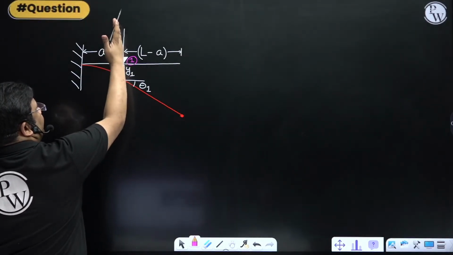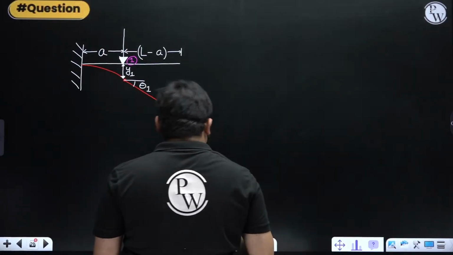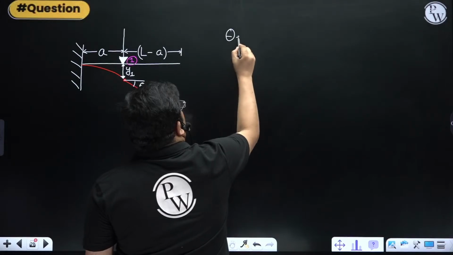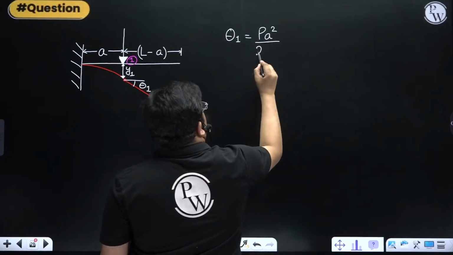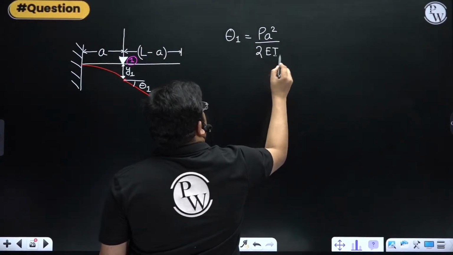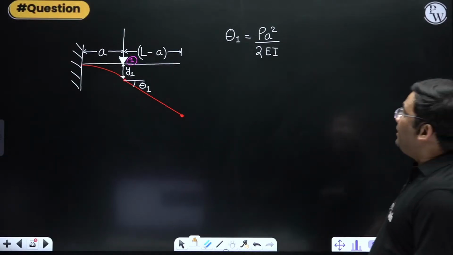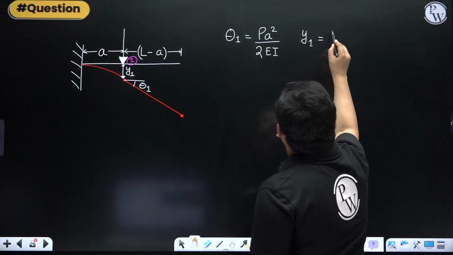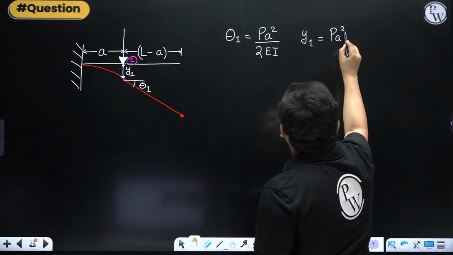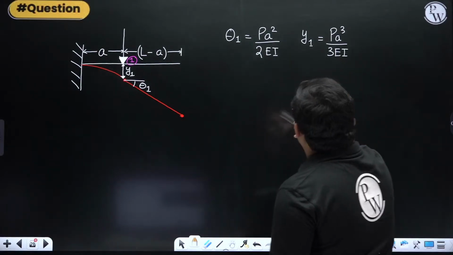Just think that it is the free end. Take A as the length. So I can say that your theta 1 will be equal to what? It's a point load, so PA squared by 2EI, in place of PL squared by 2EI. And this deflection at 1 will be how much? It is PA cubed by 3EI. Very easy. Okay.